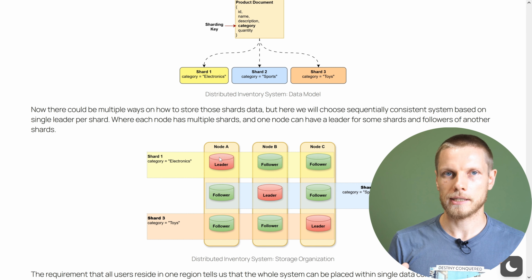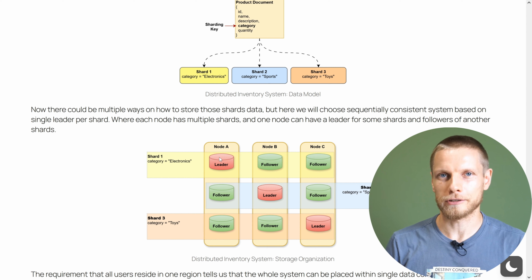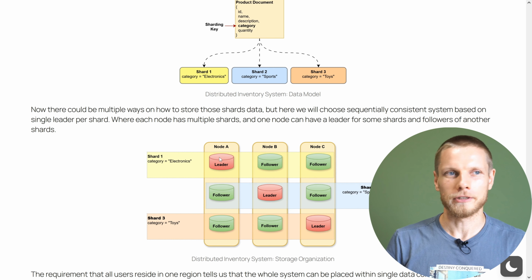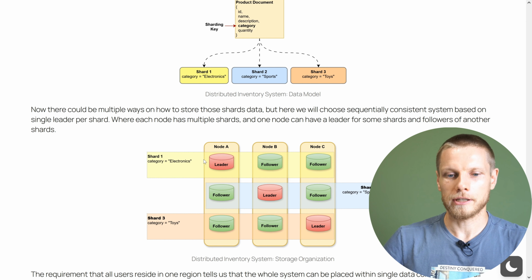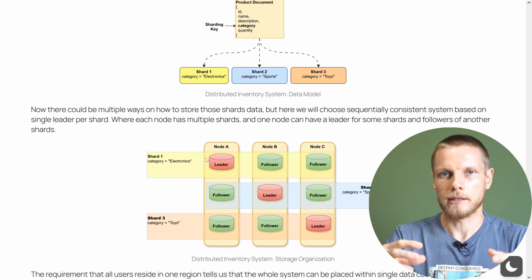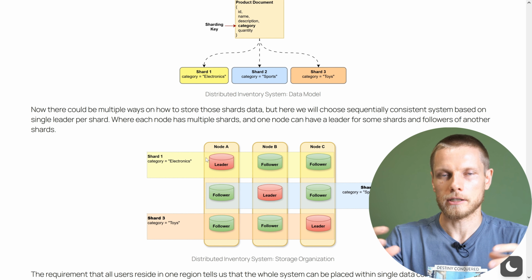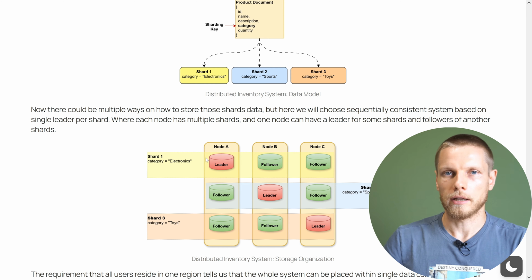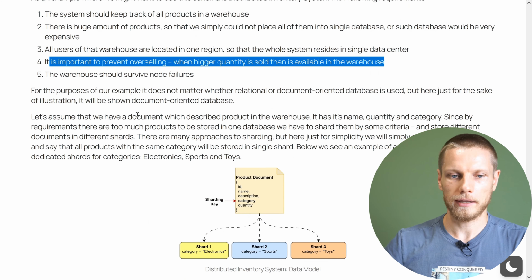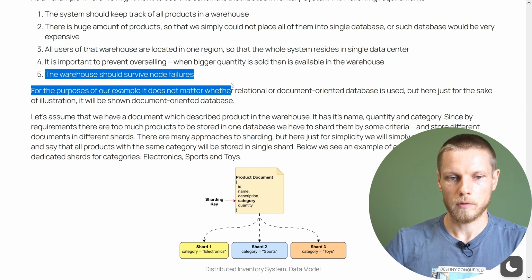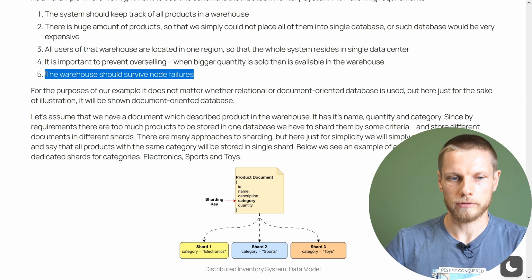And thus it's not possible to come to a situation when we sold the same product twice and our amount of those products would be negative. Because a leader-follower system has a leader and followers, and there is a failover process in case one node fails, we satisfy the requirement that the warehouse should survive node failures.